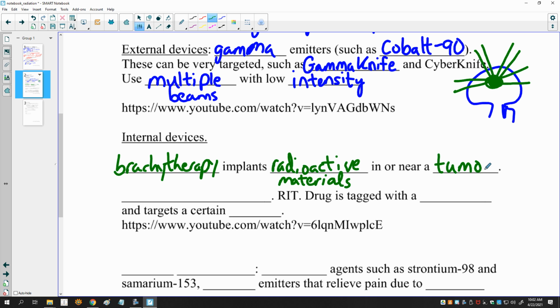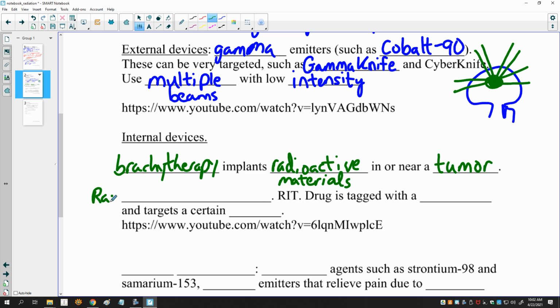So we actually go in and surgically implant these into the tumor. This is useful because the radiation is chosen such that it doesn't travel very far outside of the tumor, so it's targeted, you have it there, and then it's able to slow or stop the growth of the tumor.